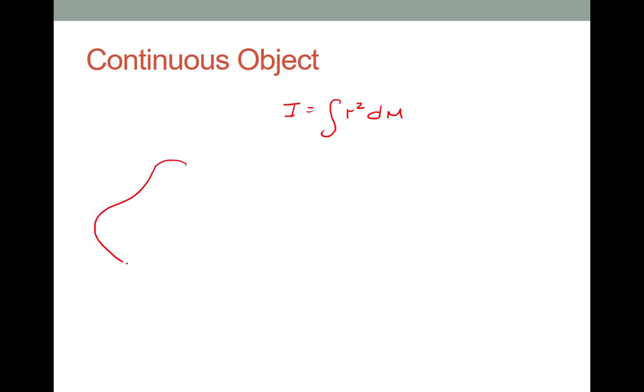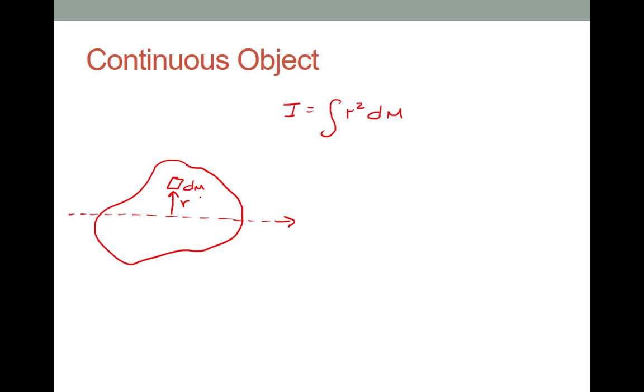So if I have an object, I would define a dm in that object, a little piece of mass, and by integrating, I'm adding up all these little chunks of mass. R in this case would be the distance from the mass piece that we're looking at to the axis of rotation. So if I think about rotating about this axis, then R would be that distance.